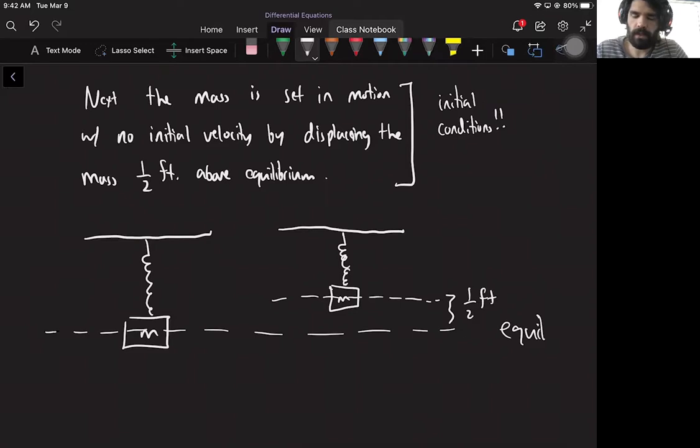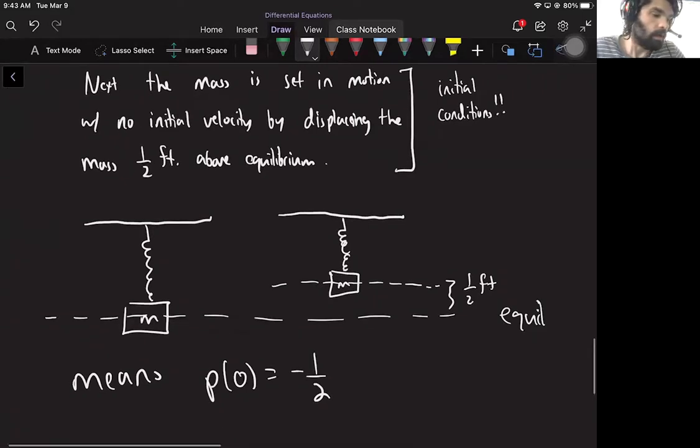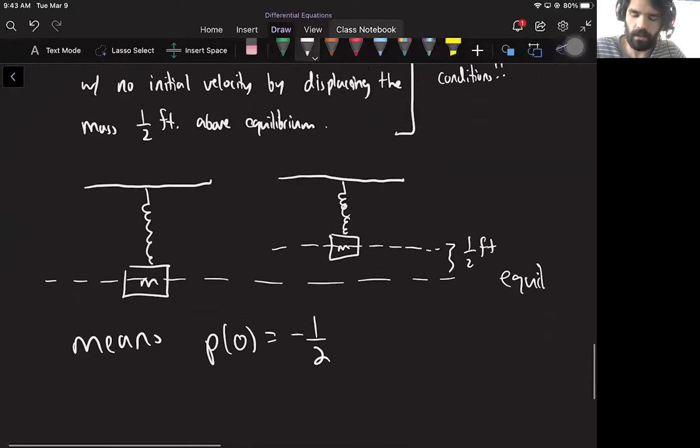Because I'm squishing it above equilibrium instead of pulling it below equilibrium, the initial position of the spring, right at time 0 to start the motion, is -1/2. We're going to use that later.